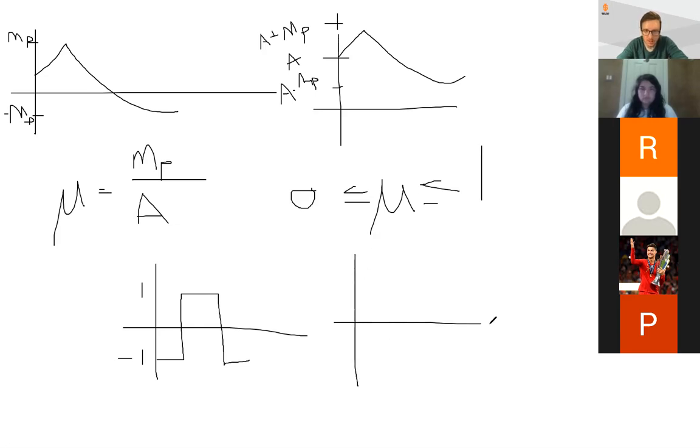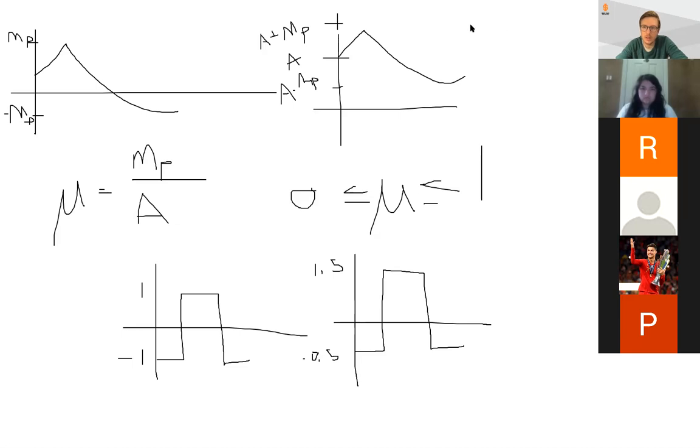So let's say that it goes from -0.5 to 1.5. So we shifted it some, but not everything.